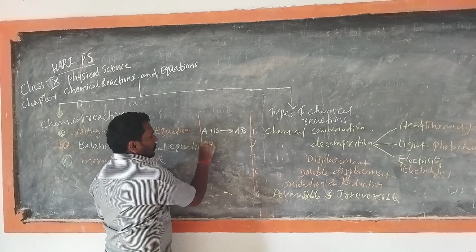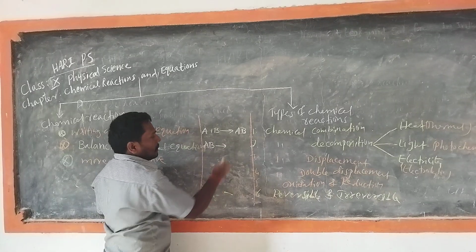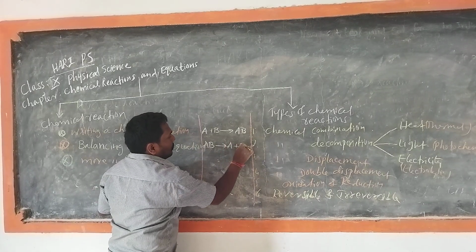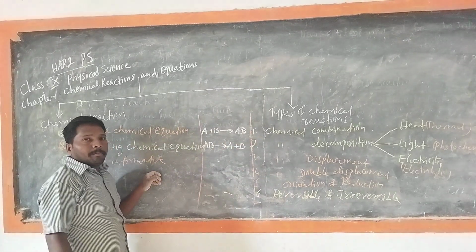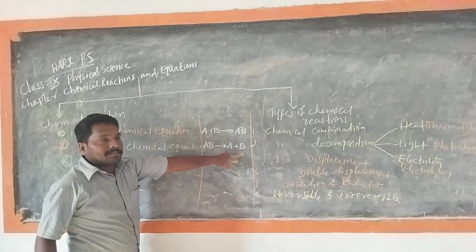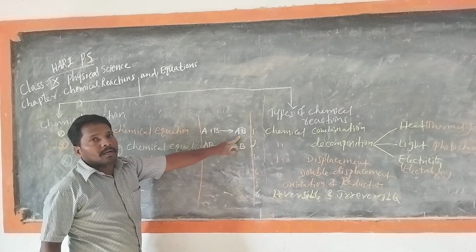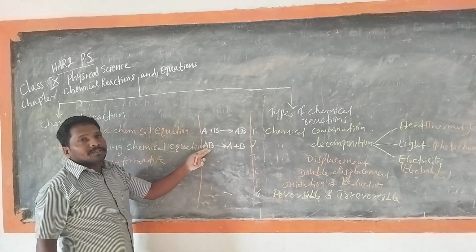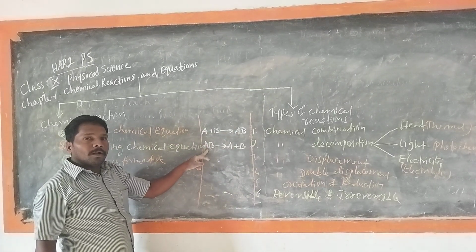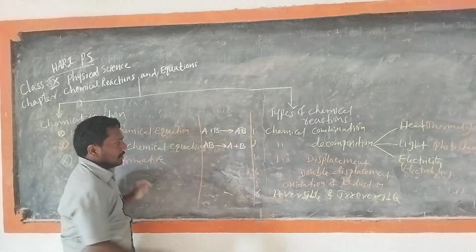Then decomposition of AB dissociates and gives us two or more products, A plus B. Combination: two or more give only one new product, AB. In decomposition, one product decomposes into two or more substances, A plus B.